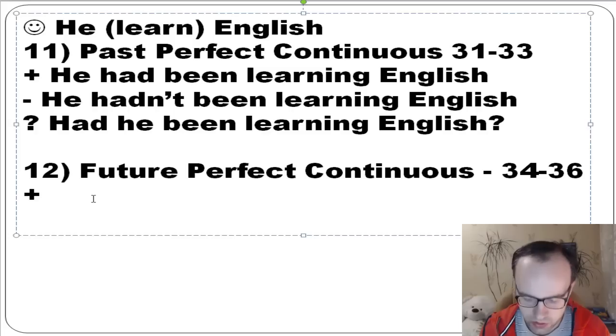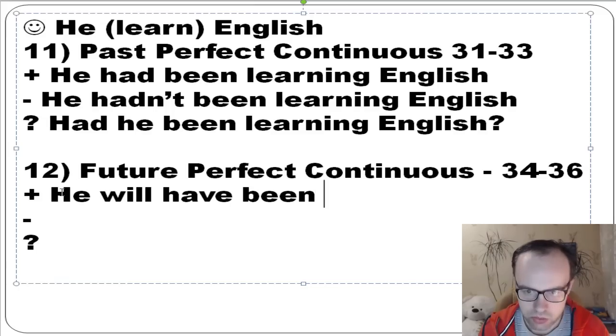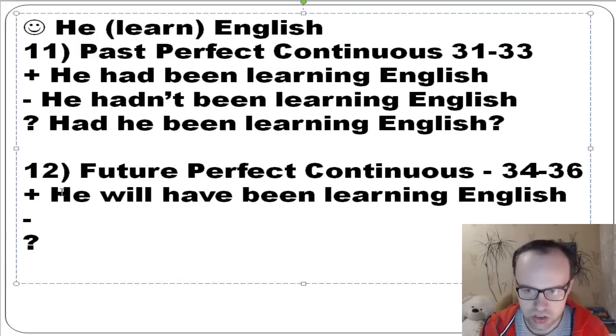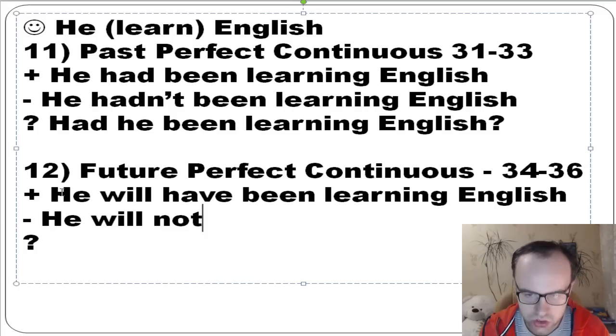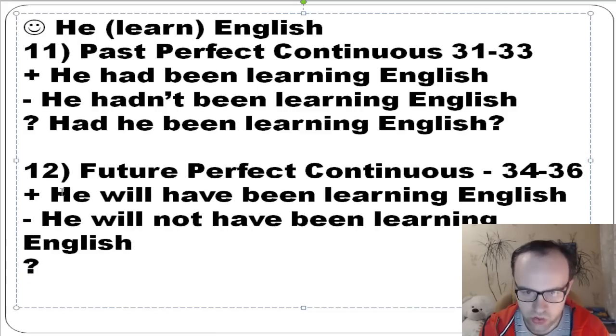Future perfect continuous. So we say will have been plus verb, so learn plus ing. He will have been learning English. What about a negative form? We need not after will. So he will not have been learning English, or you can also say won't.